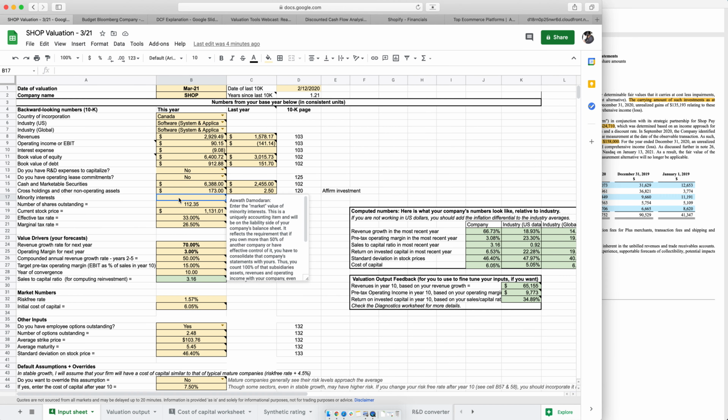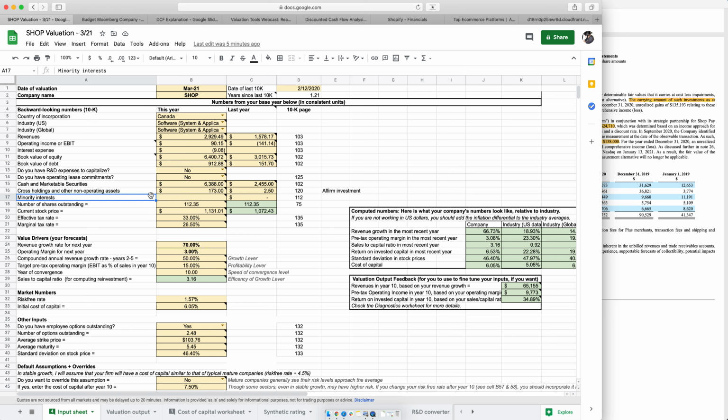Minority interest is sort of the flip side of this. Just to summarize what he mentions in the note, apparently if you own more than 50% of another company, you are forced by accounting regulations to consolidate all of their financials onto yours.